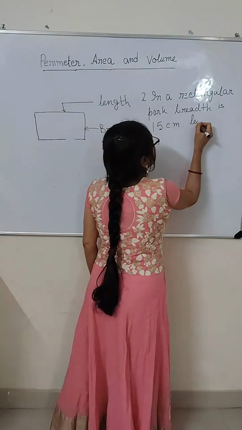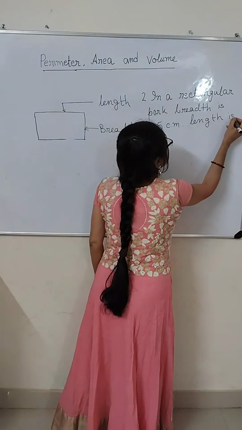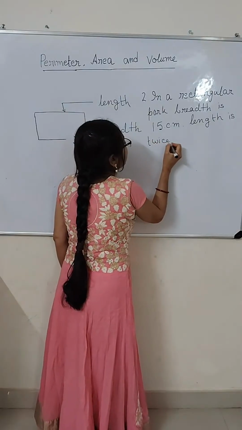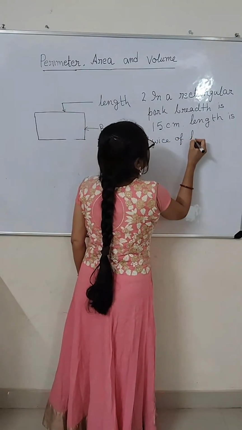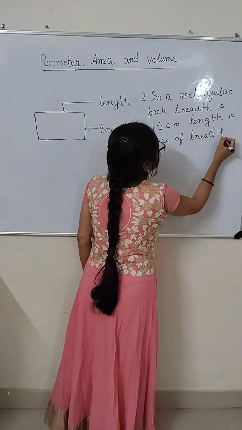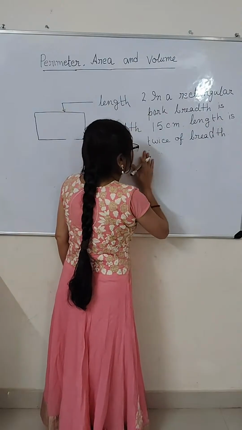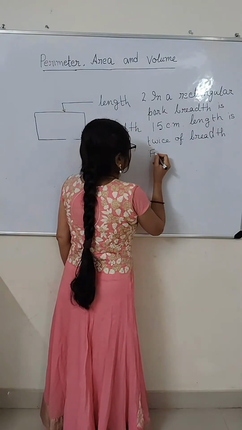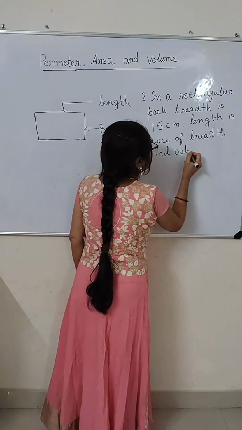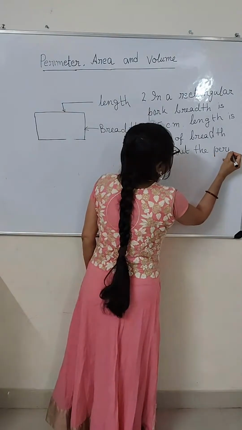Length is twice of breadth. Find out the perimeter and area.